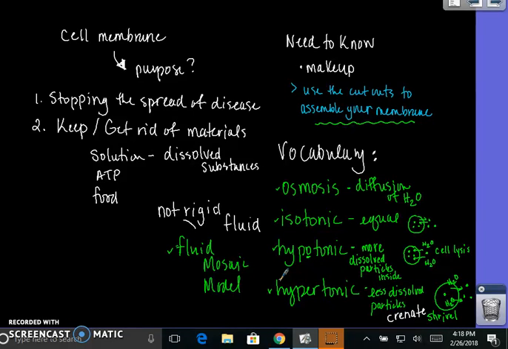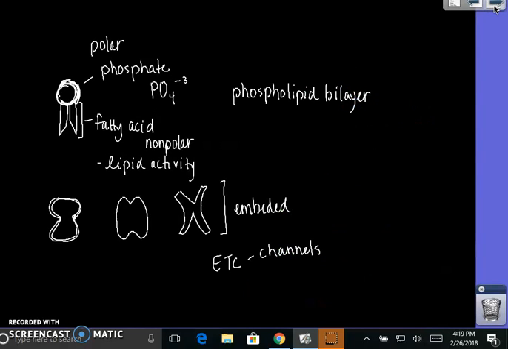So you also demonstrated this when you had to use the cutouts to assemble your membrane. You followed the directions and you labeled all the parts, which is where we were in the last lecture. We broke down the anatomy of our membrane. Of course, it's got this phosphate head, which is polar, and it loves water. So it loves H2O.